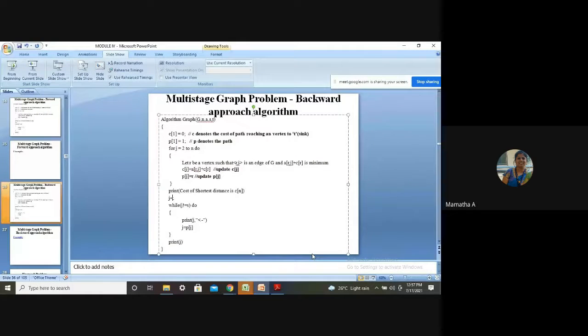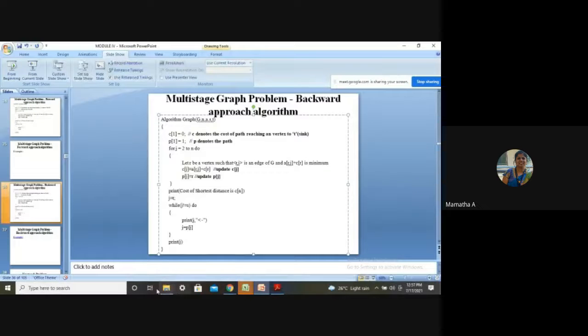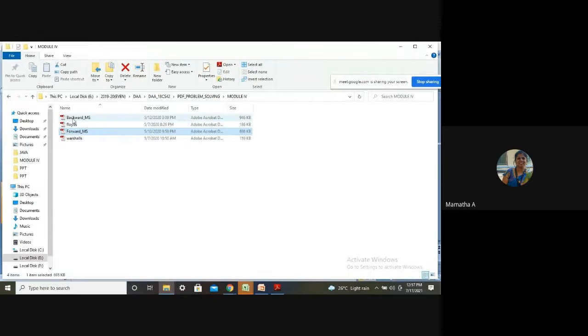From the sink, you will have to print it to the source. Same thing again. You can see I have put the inverted arrow marks here because I am trying to find source to sink. So inverted arrow marks, right? I'll just go through the backward approach also.